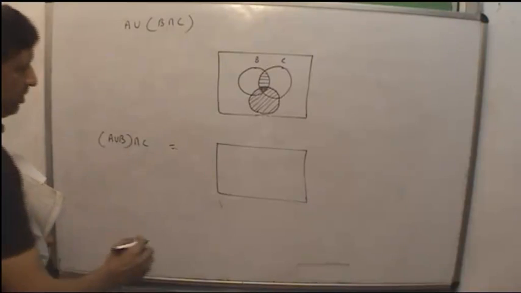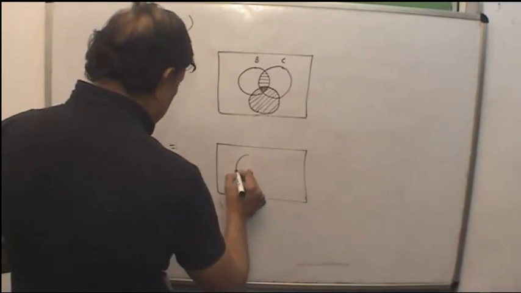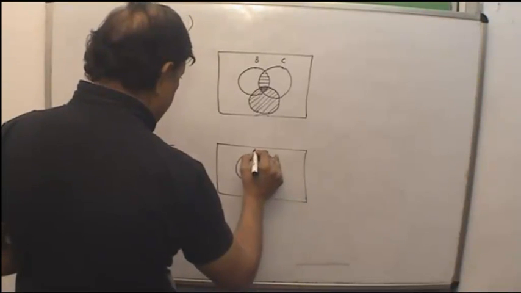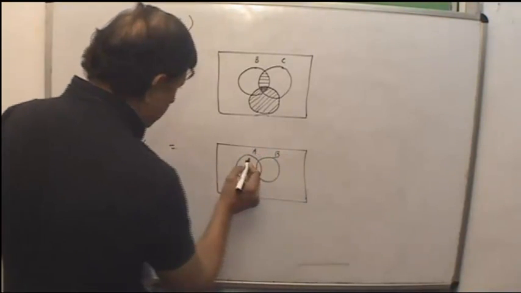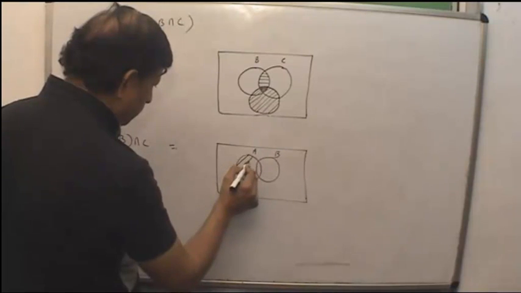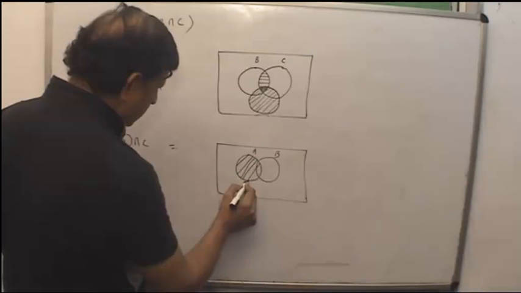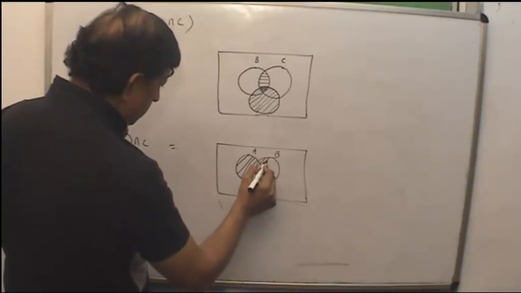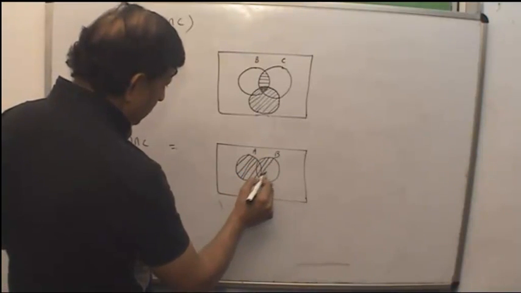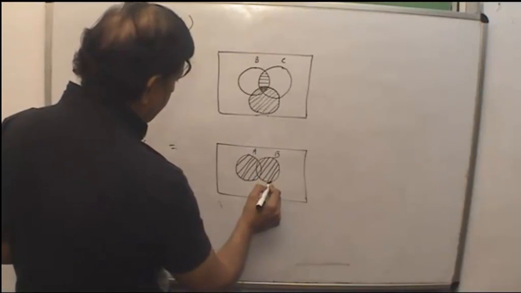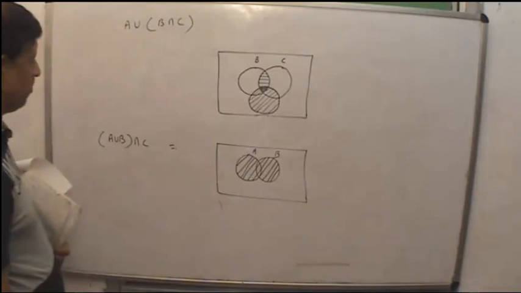It's A union B. We draw A, B, and we take its union, like this. We cover the whole portion of both sets. It means all the elements are combined, keeping in view no element should repeat. It is A union B.